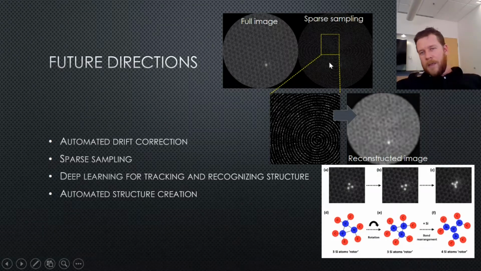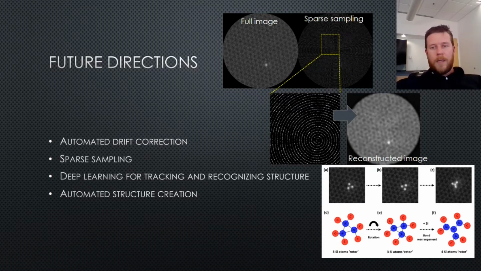I know it's not a very bright image, but from this data we can reconstruct an image that is obviously not as nice as the full image, but we may be able to get the position of that defect and the orientation of the lattice, and possibly the position of the lattice, from which we can infer where all of the atoms are, which is good enough for our purposes, and then we can correct the drift. This is the hope.